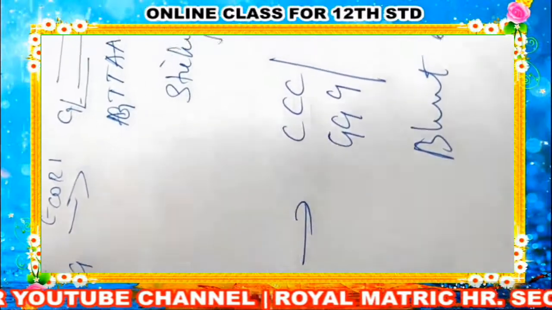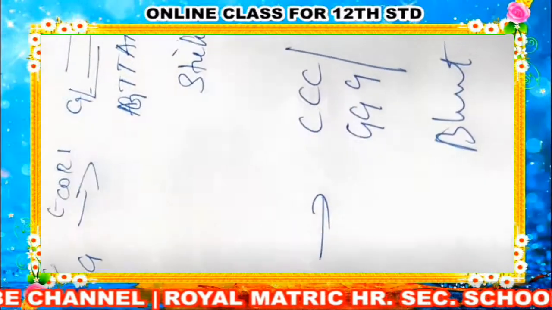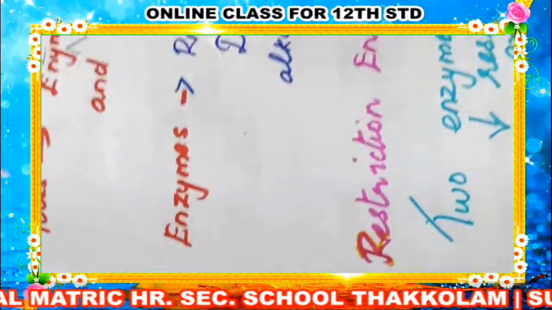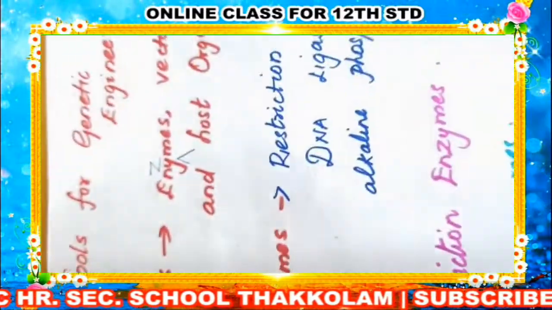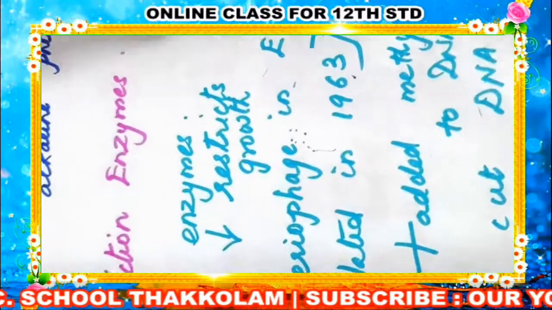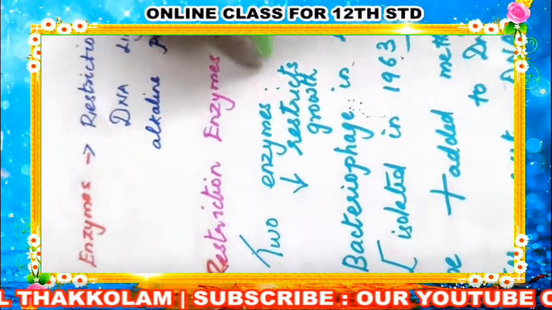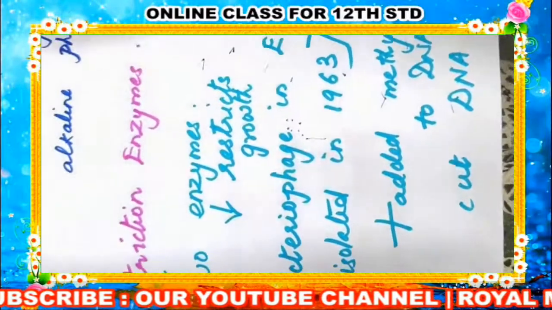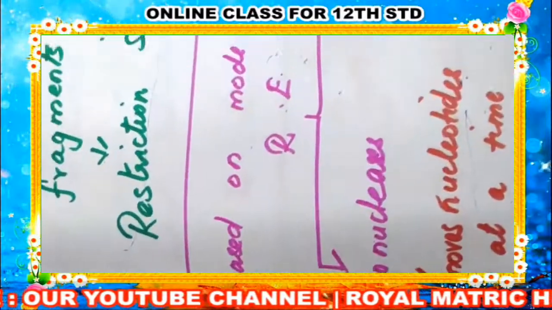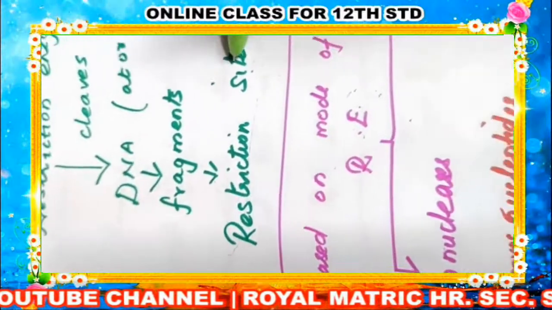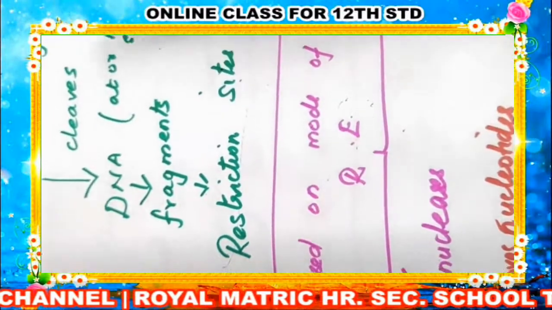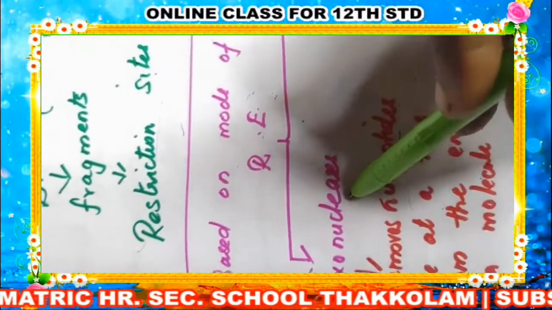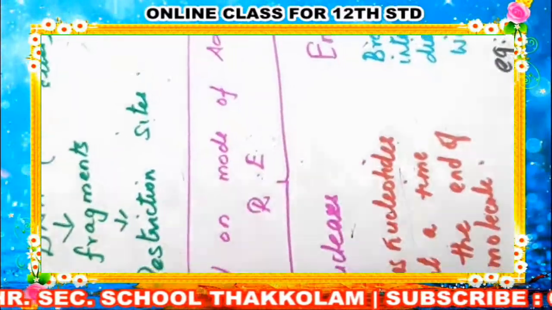So today we have learned about the tools of genetic engineering, what the function of the restriction endonuclease is, and what the types are. It will restrict growth by adding a methyl group or by cutting the DNA. The restriction endonuclease first identifies or recognizes the restriction sites, and then it cleaves. Based on the mode of action, it is classified into exo and endo.